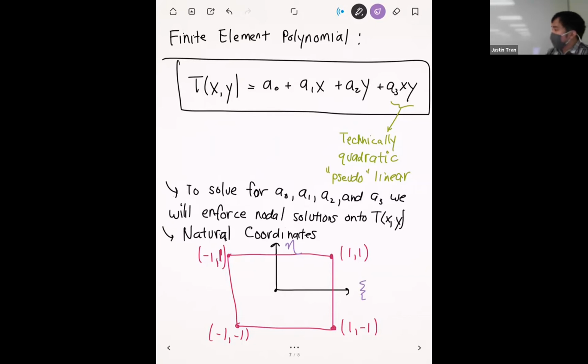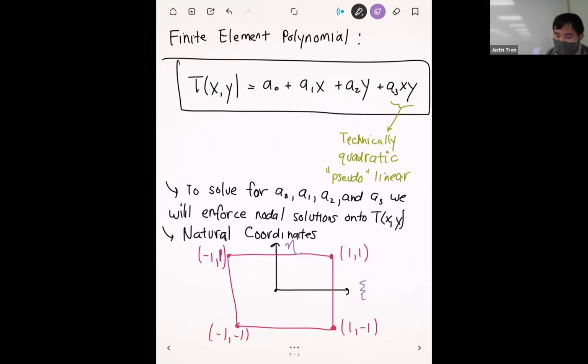All right. And so with these natural coordinates, you'll see me use this throughout the rest of this week, these are not physical coordinates, and so that's why we don't call them x and y, but they're a convenient coordinate system to help us formulate the shape functions in a convenient way.